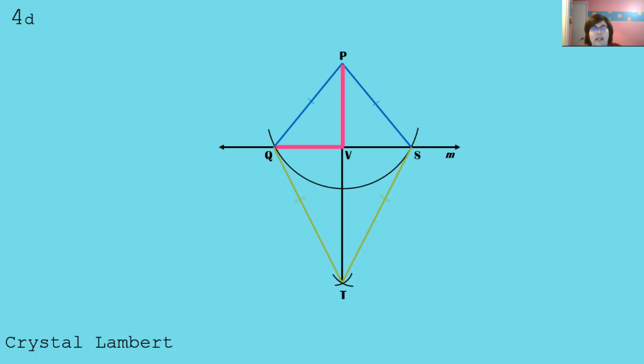Next, we are looking at angle QVP or PVQ, and it asks us, how do we know it's a right angle? Well, because line M is a straight line, and anytime you have a horizontal line that is intersected by a vertical line, that angle is always 90 degrees.